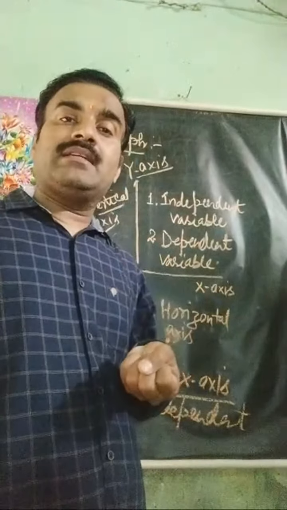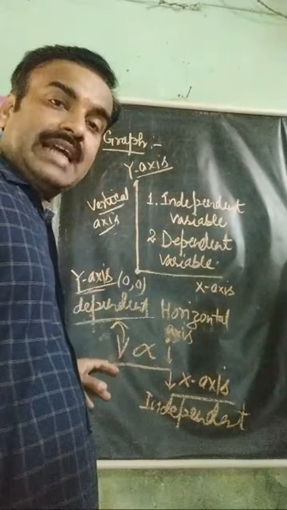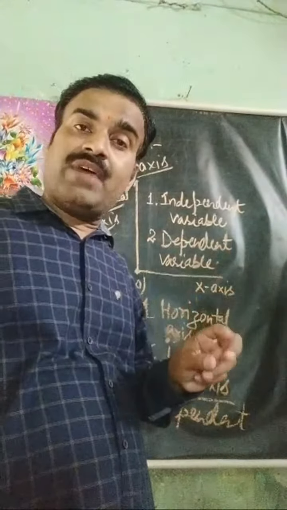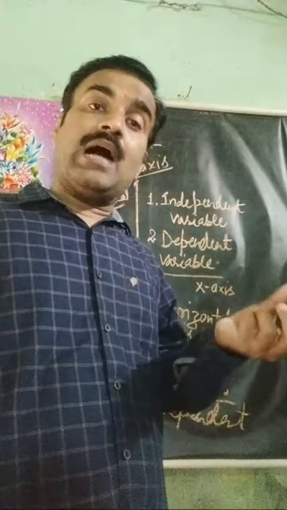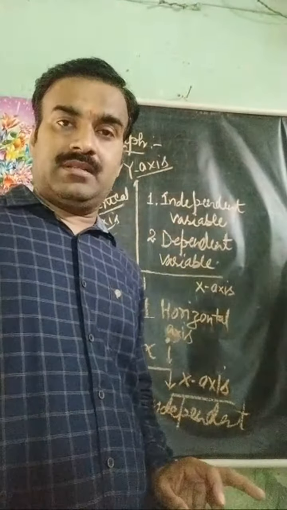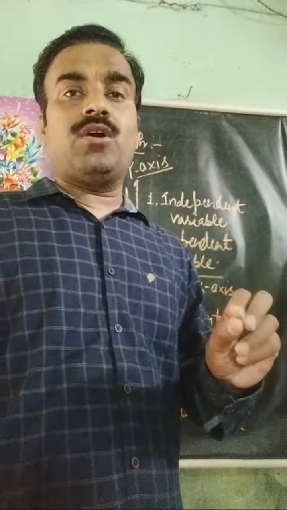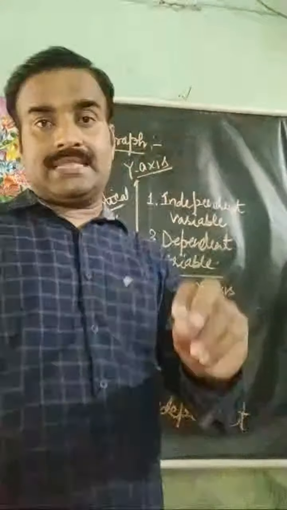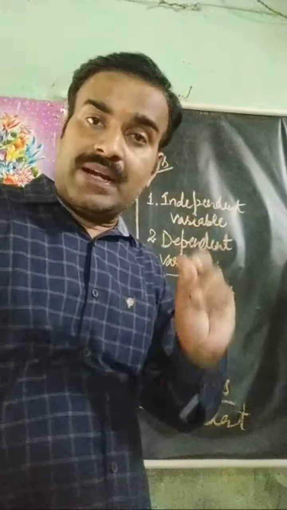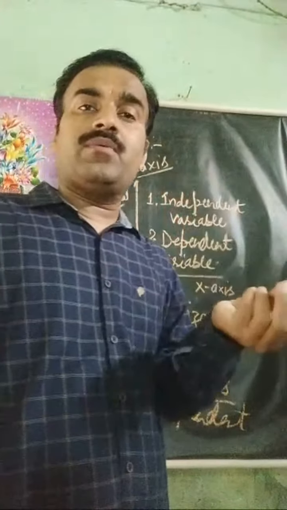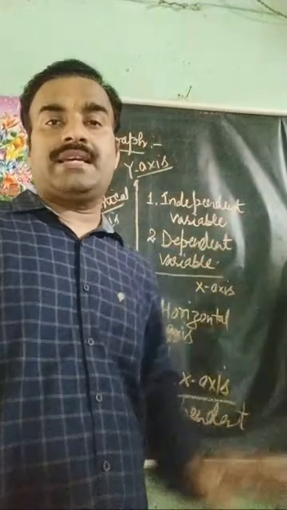So again I'm telling this thing. Firstly write the formula and see which physical variable is depending upon which physical variable. The independent one take onto the x axis and the dependent one take onto the y axis.